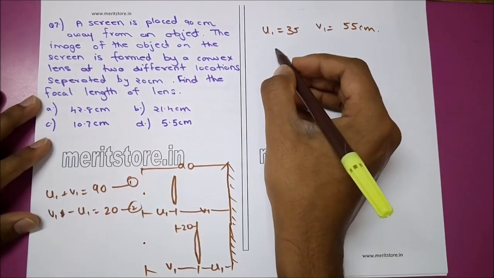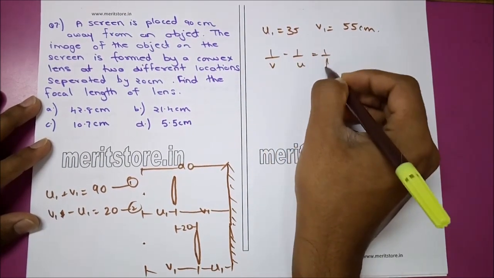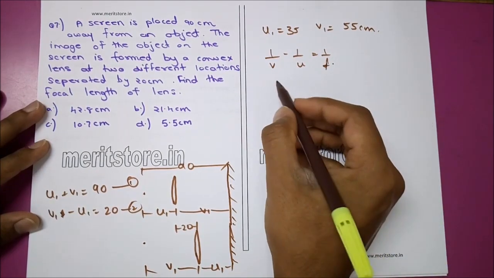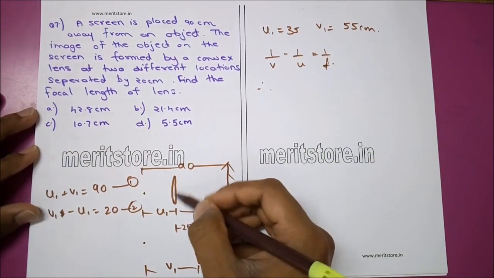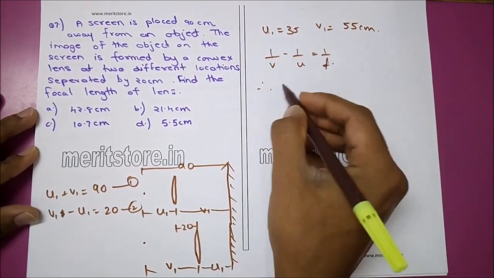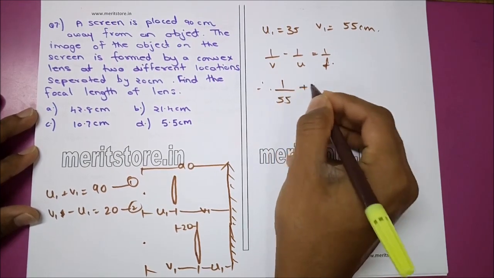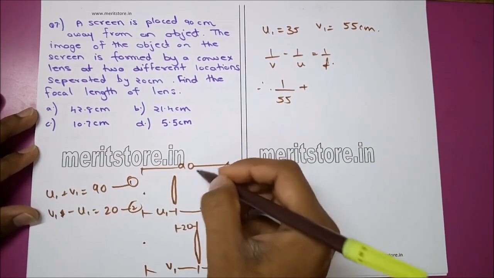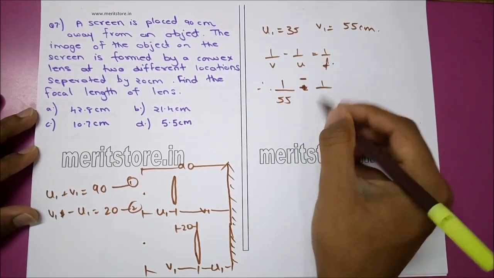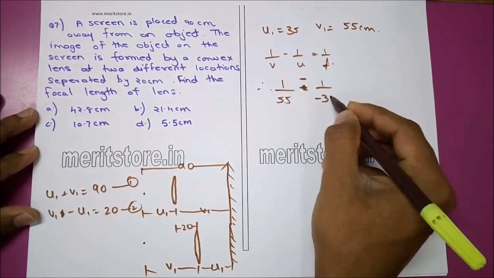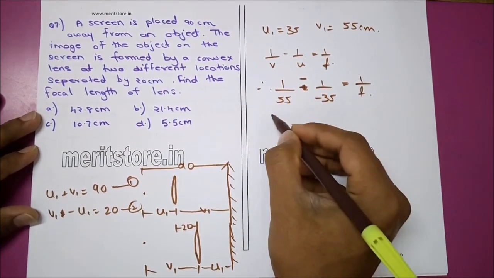Now applying the general lens formula, that is 1 upon v minus 1 upon u is equal to 1 upon f, the focal length. As we know, in the lens formula all the distances are measured with respect to the lens. So towards the right, the screen v1 is given as 1 upon 55 plus, since the object is placed towards the left, 1 upon u, that is 35, but since it is towards the left we will take it as minus 35, is equal to 1 upon the focal length of the lens.